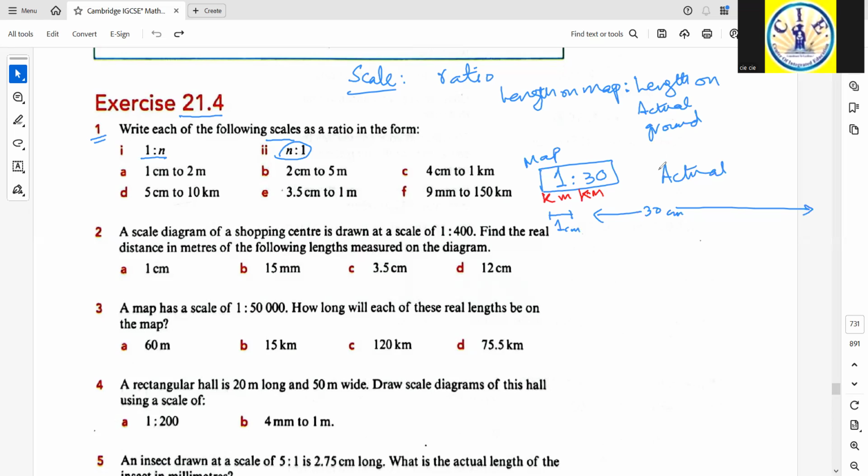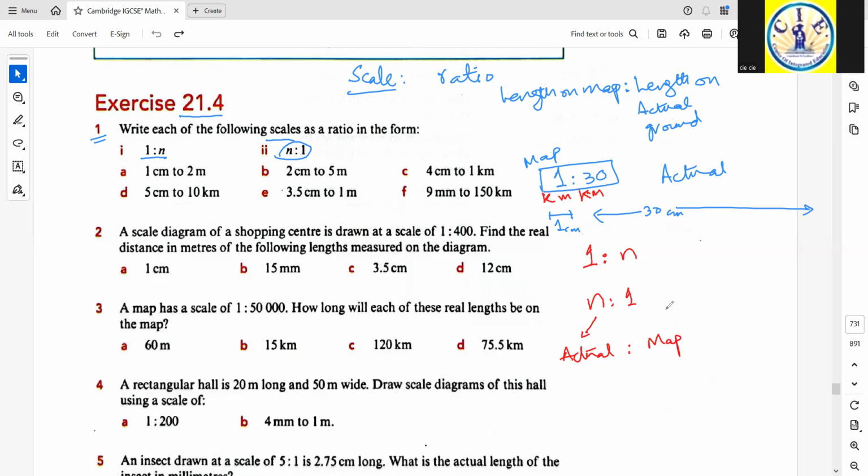Now, this ratio can also be n is to 1 instead of 1 is to n. In that sense, that would mean the length on the actual ground to the length on the map. So this is what we need to do. That was some of the basics of this topic.